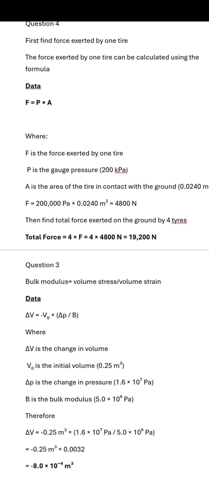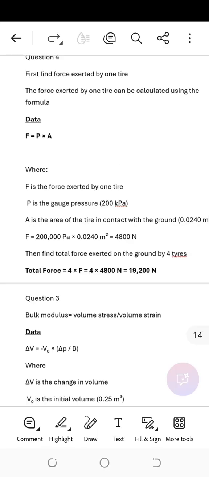If you make delta V the subject of the formula, we have negative initial volume, V naught, multiplied by the change in pressure over bulk modulus, where delta V is the change in volume.